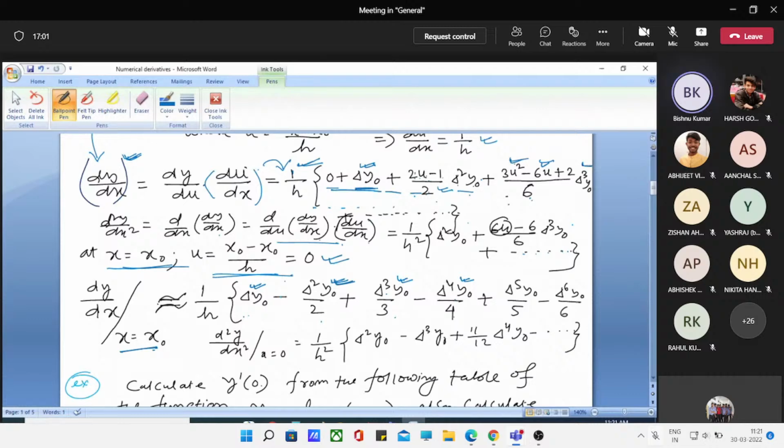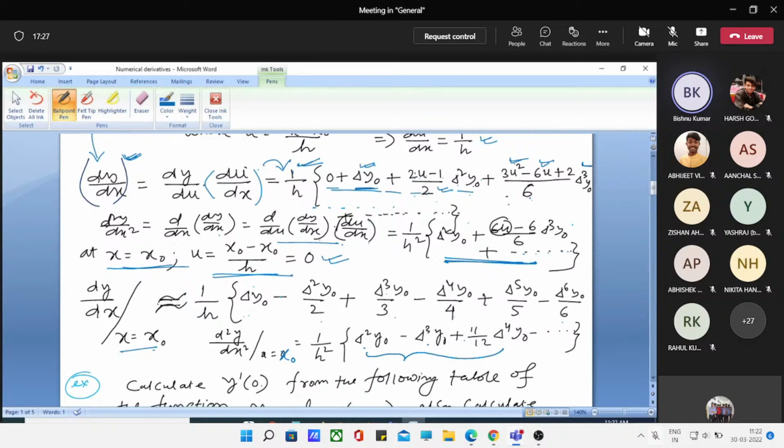The first term will be del square y0, the second term del cube y0, and the third term 11 by 12 del 4 y0. At least these 3 terms you should try to remember. The next term will be something like 5 by 6 del 5 y0, but I am not going into that, since there is no pattern to remember.